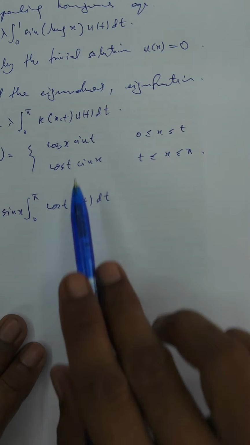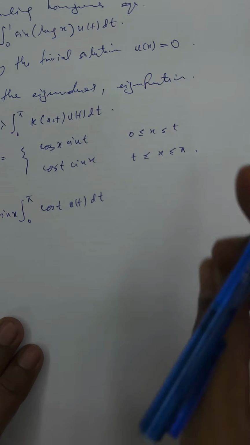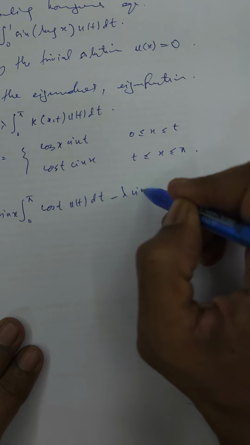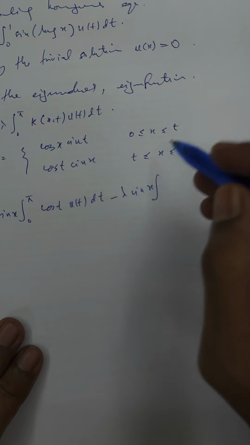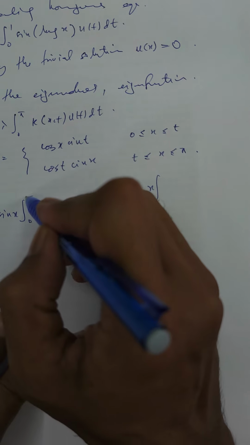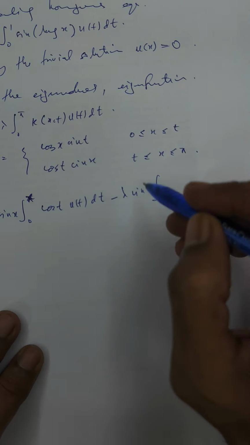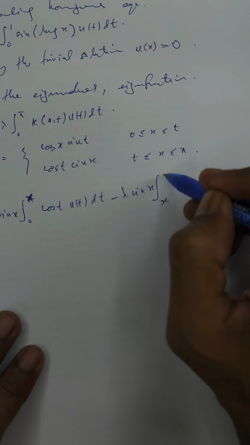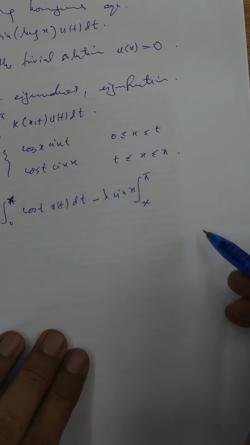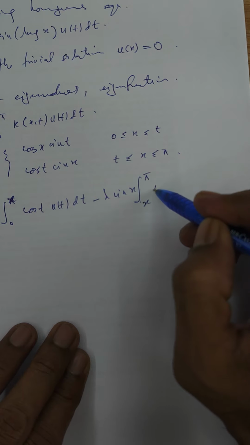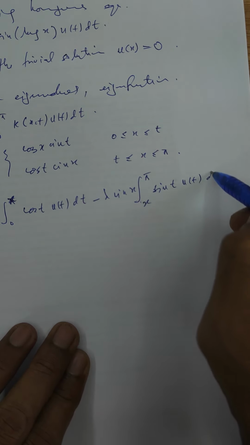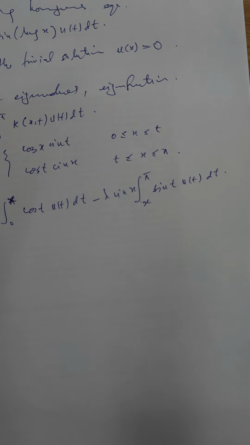So substitute into there, then it can be written as that, minus lambda sine x times the integral from 0 to x and x to pi of sine t u(t) dt, right?